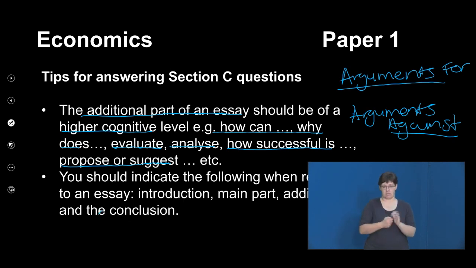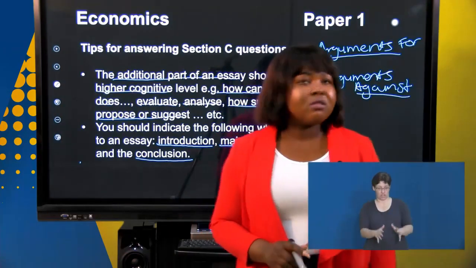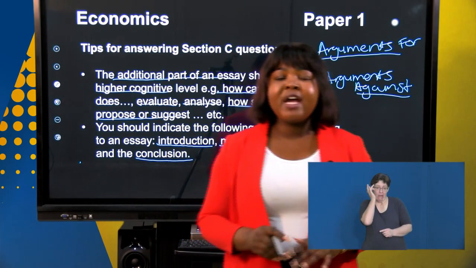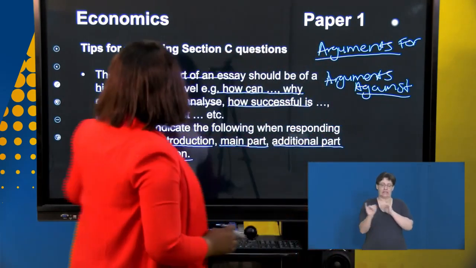You should indicate the following when responding to an essay. Show that this is the introduction, show that this is the main body, show that this is the additional part, and also show that this is the conclusion. Like I'm saying to you, boys and girls, do not be shy in the exam to write introduction, main body, conclusion. So when you get in the exam, write introduction and underline.